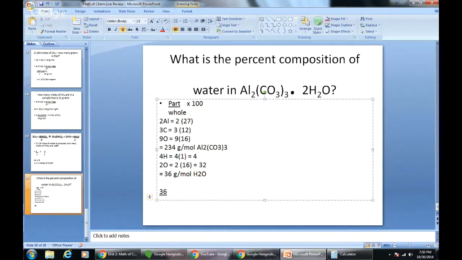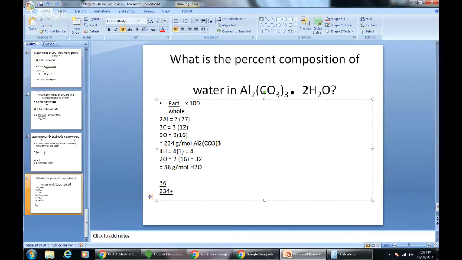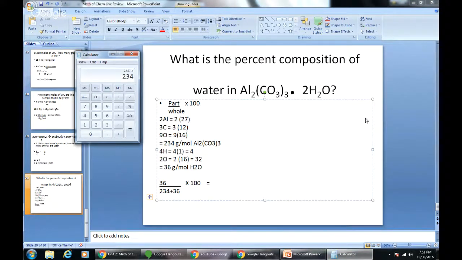The whole is the salt, 234, plus the water, and all of that is multiplied by 100. 234 plus 36 is 270, that's the bottom.